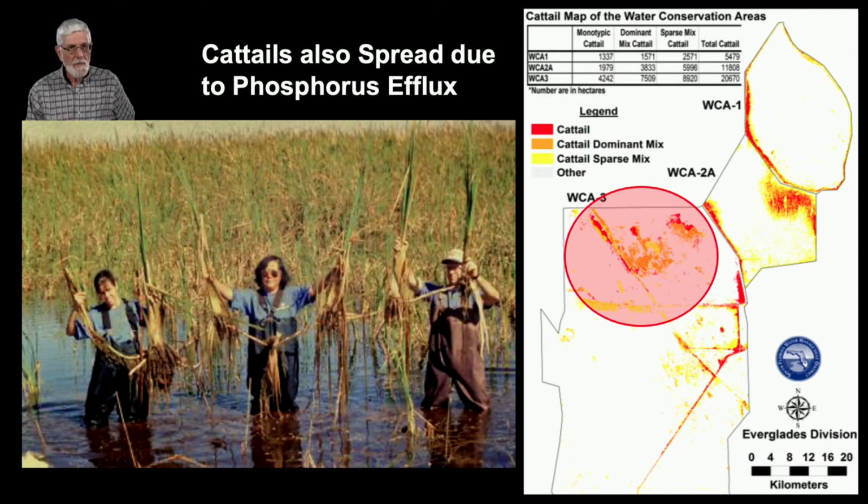And although there is no direct phosphorus input into the northern part of 3A like there was in 2A, we see almost the same amount of cattails sprouting up in the northern region, and this is due to the flood control era and the subsidence, the soil oxidation, the drainage era, creating mineralization of that peat and creating a rich habitat for cattails to grow despite the fact that there is no phosphorus input to here.